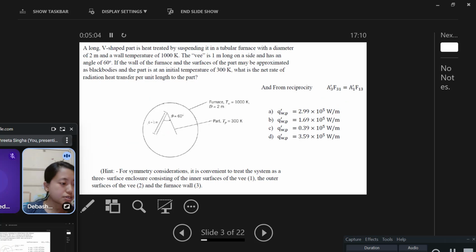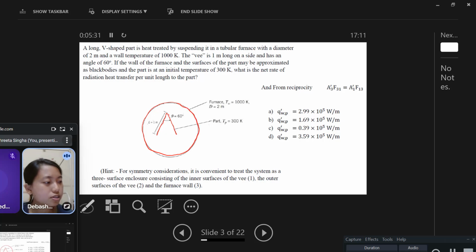So the first one is: a long V-shaped part is heat treated by suspending it in a tubular furnace with a diameter of 2 meter and a wall temperature of 1000 Kelvin. So this V-shaped part is suspended in a tubular furnace.